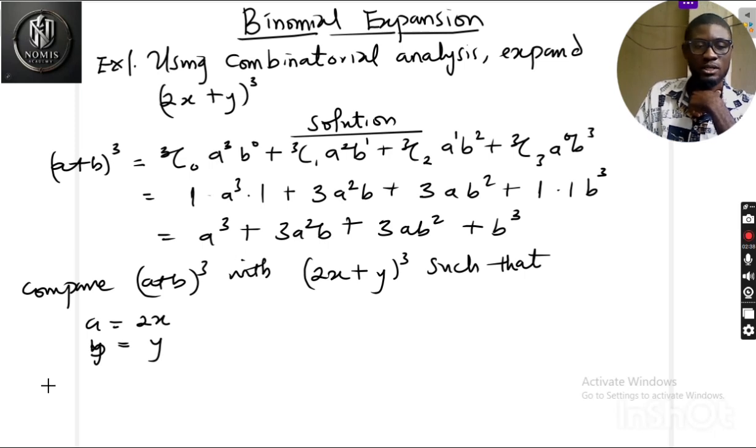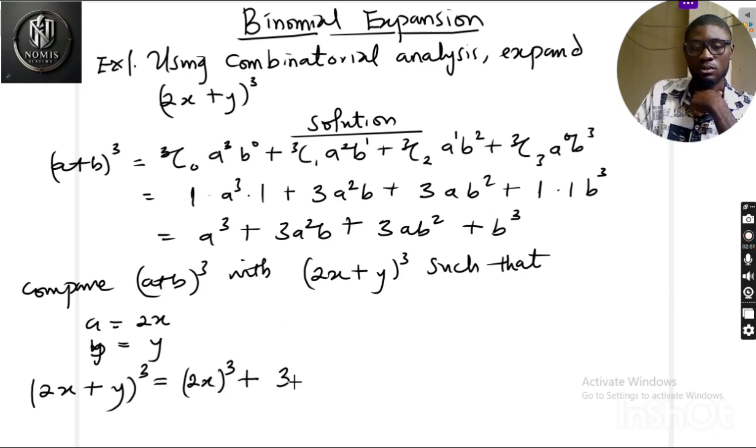So we say (2x + y) raised to power of 3 is equal to a raised to power of 3. Now a raised to power of 3 is (2x) raised to power of 3, plus 3a squared b.